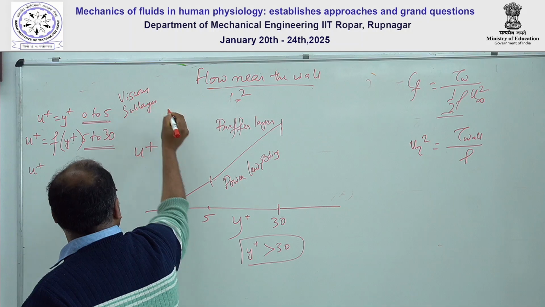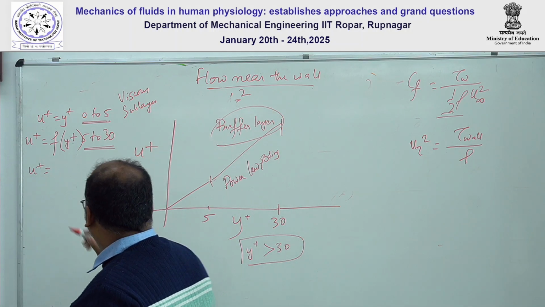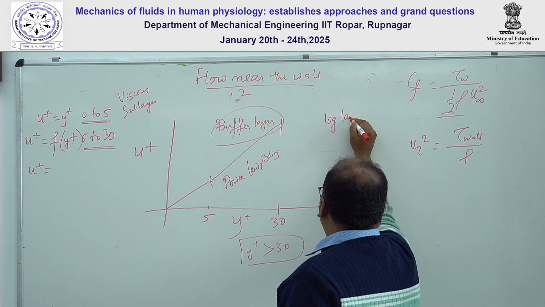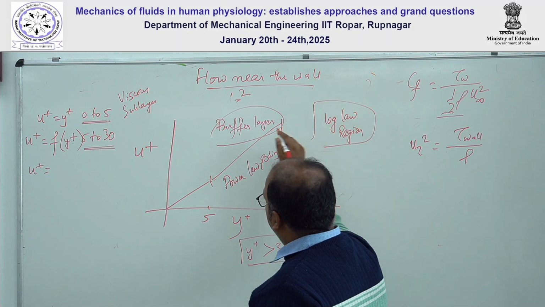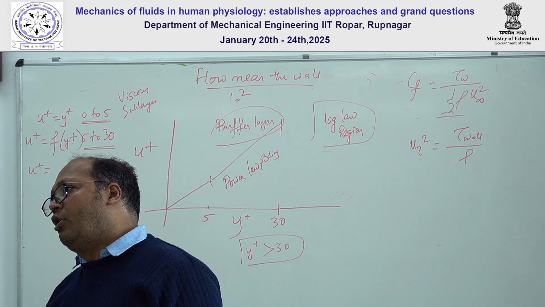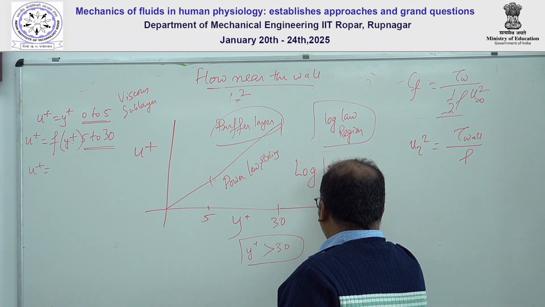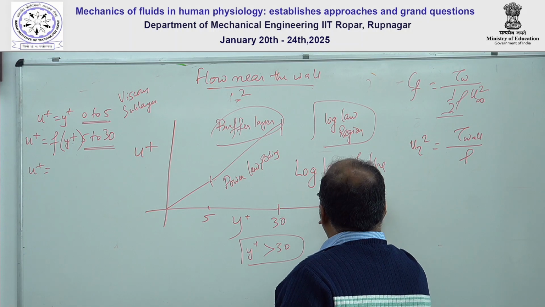The intermediate region is the buffer layer, and this region we just derive. Outside this region is called the log law region, and the formula governing it is called the log law of the wall.